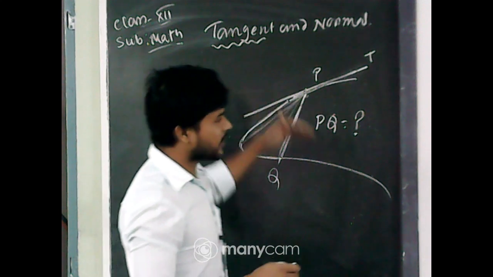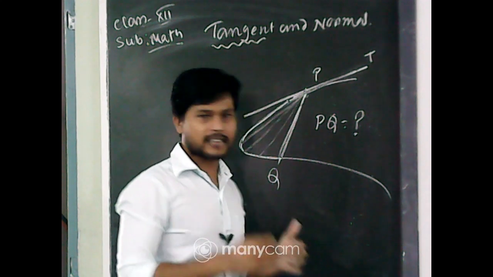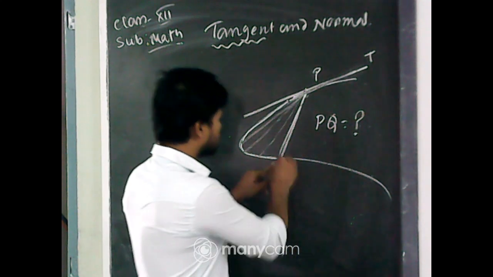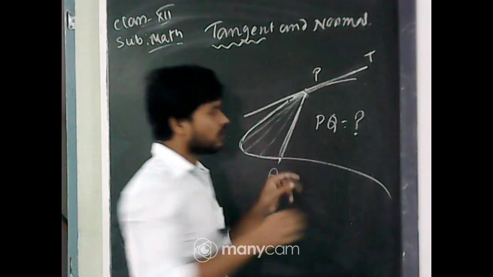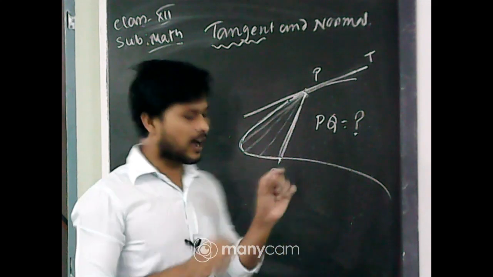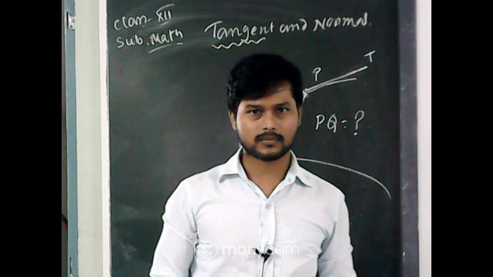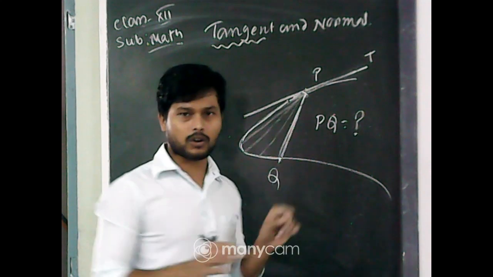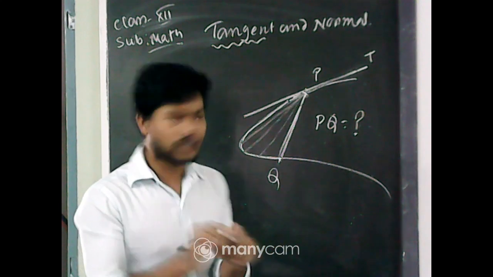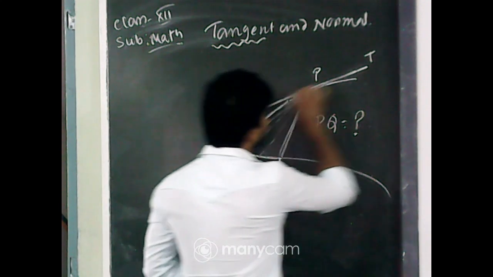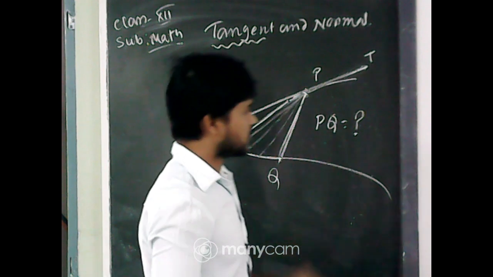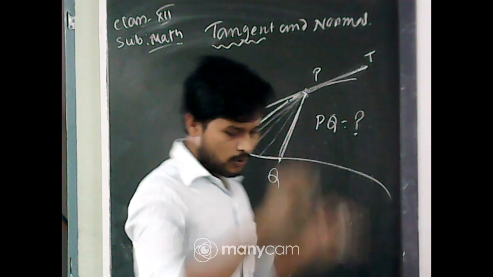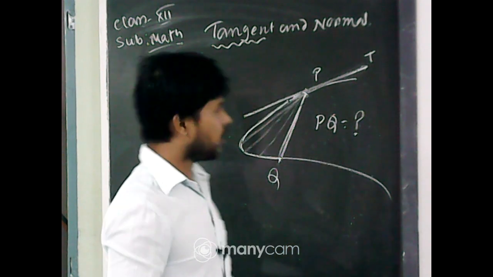So we can define tangent as a chord when the two end points on the curve are very close. Clear?